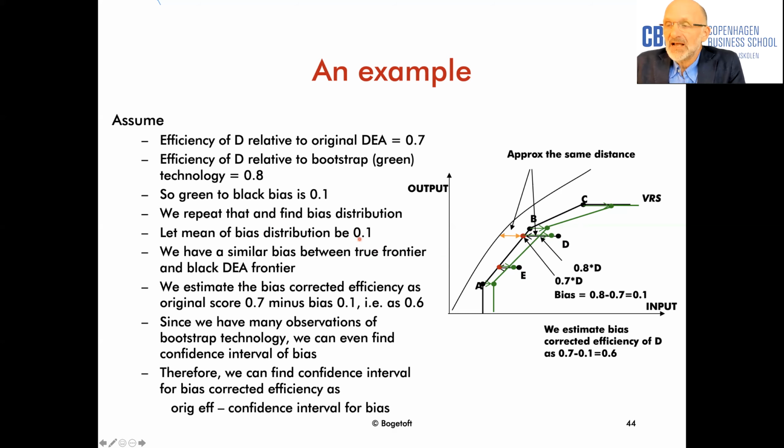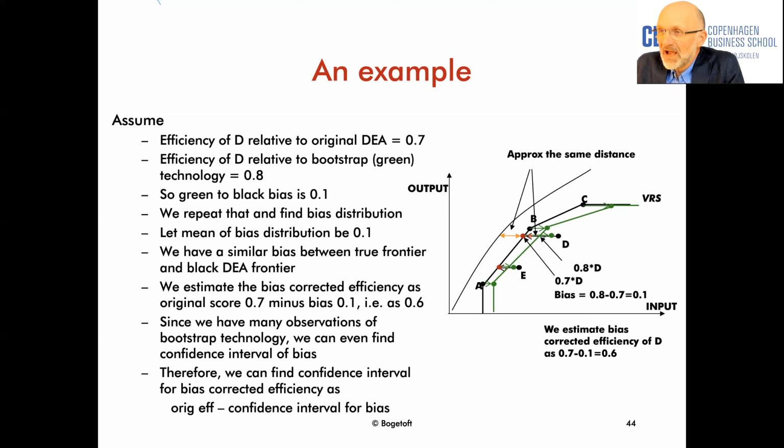You can now use that, because of the similarity: we assume that this distance here is approximately the same as this yellow distance here, which was the distance between the underlying true technology and the DEA estimated technology.